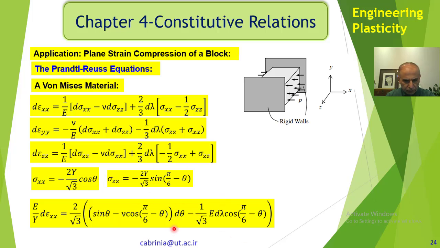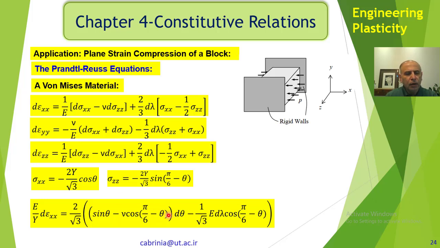Of course I have rearranged it, because I've got a sigma XX here and sigma ZZ here, so I must substitute all of these in order to get that. There needs to be some manipulations which I have omitted here, so you have to do the intermediate manipulation yourself.